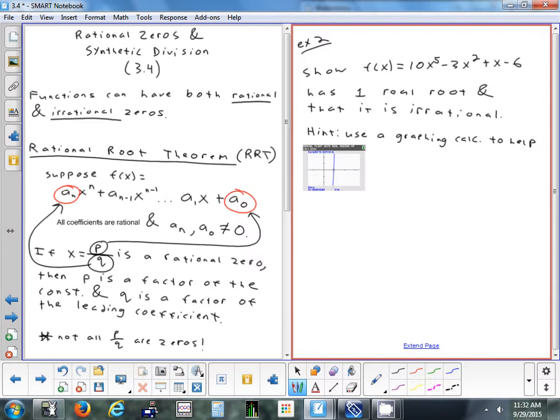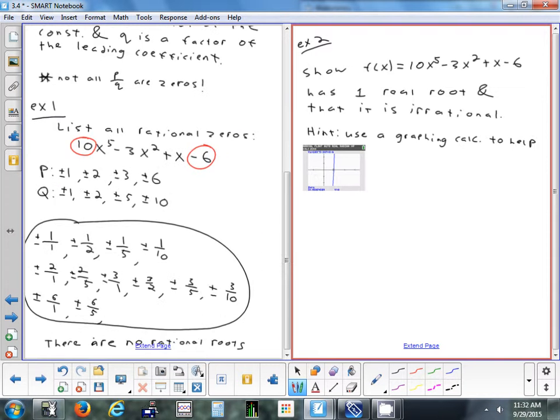Keep in mind what we just did. It's not one of these. If we were going to have a rational root, it has to be one of these fractions on the previous page. 0.9505 is not even close to any of these. You've got 3/10, that's 0.3, 3/5 is 0.6, 1.5, 0.1, 2, 6, 2/5 is 0.4. There's nothing even close to that.